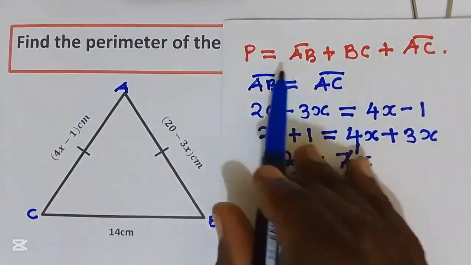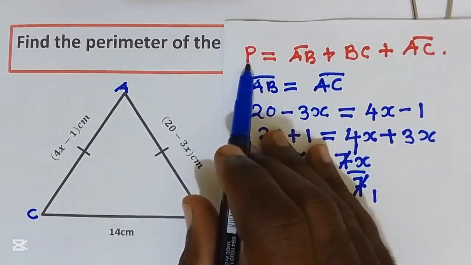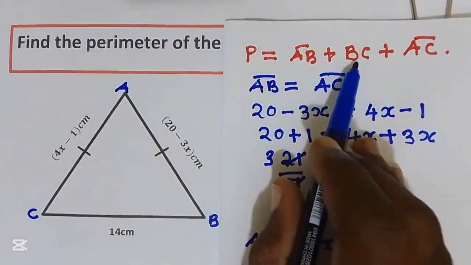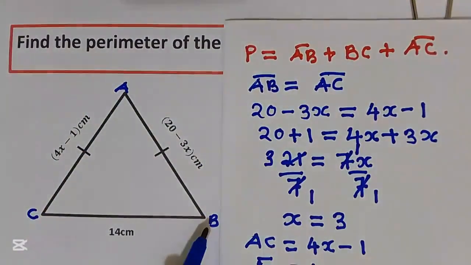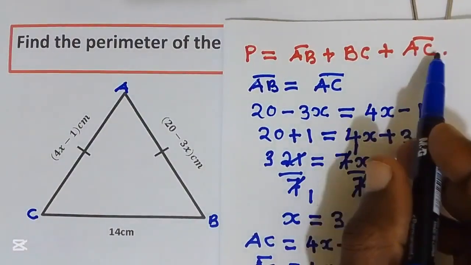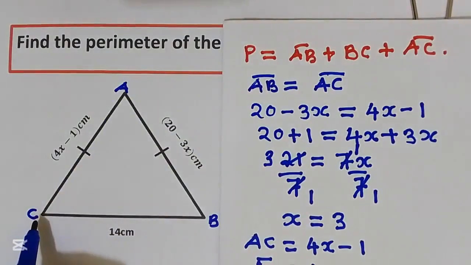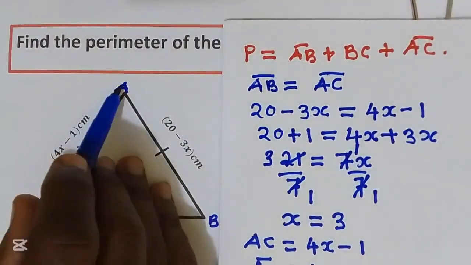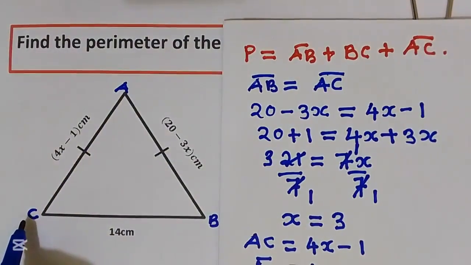centimeter. As we said, our perimeter is equal to distance AB plus distance BC plus distance AC. We know distance AB and distance AC is equal to 11.